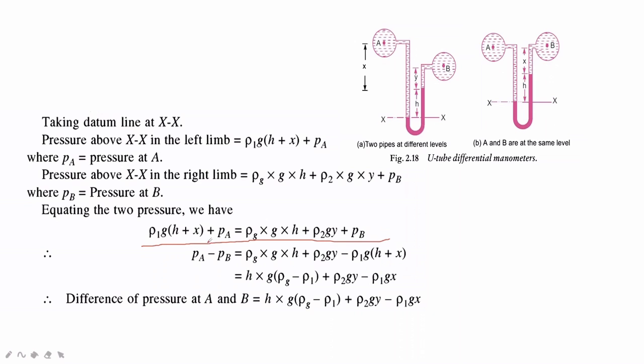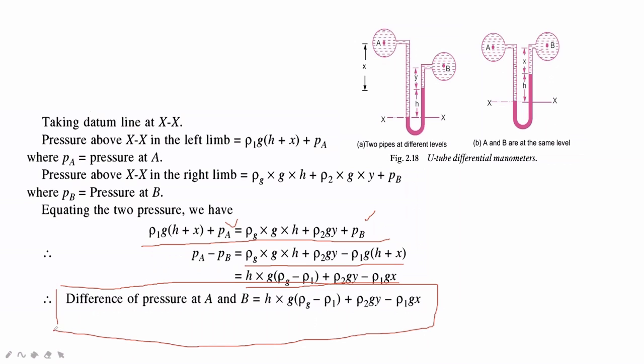What we want is the differential pressure, since this is a differential manometer, so pa minus pb. You take all the pressures to one side and the properties to the other side, and after simplifying you will get this equation. Then the difference of pressures.